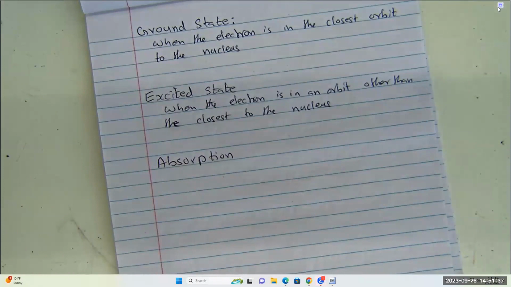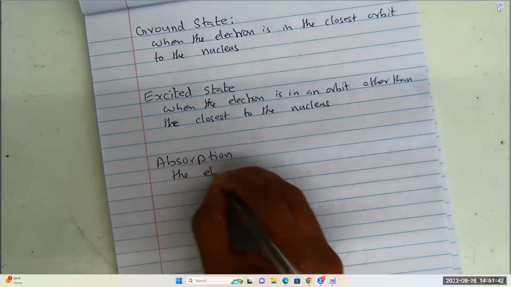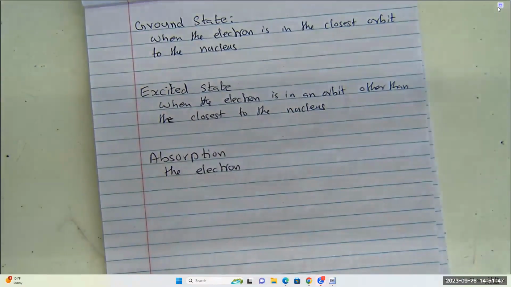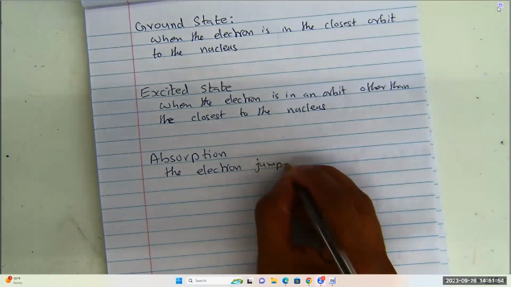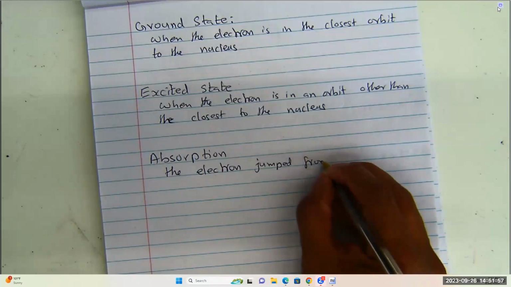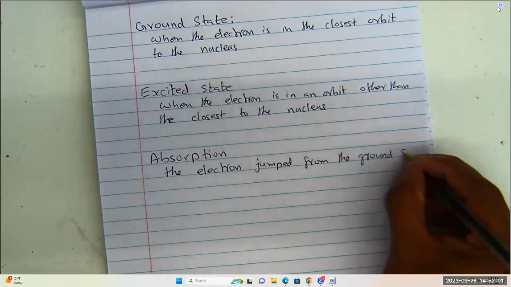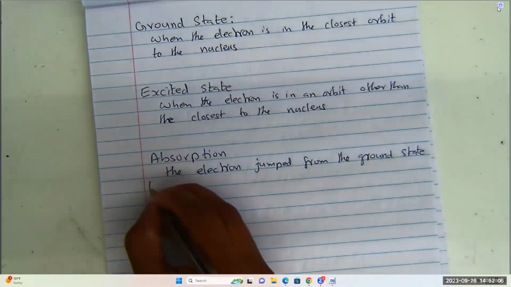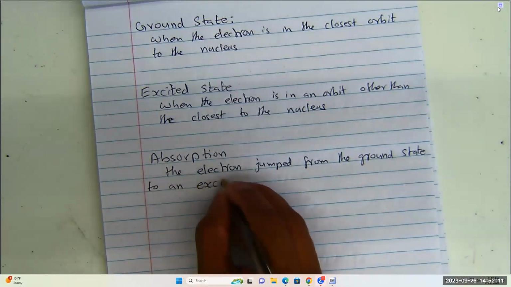When the hydrogen atom absorbs light, the electron, I mean, we can use fancy terms like promoted and things like that. We don't have to do that. Let's say the electron jumped from the ground state, that is the orbit closest to the nucleus, to an excited state.